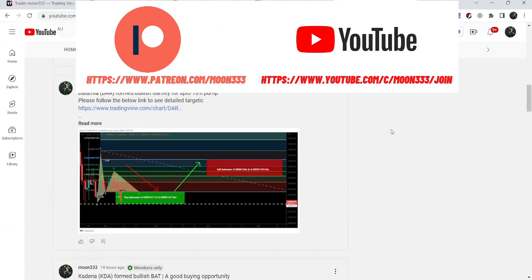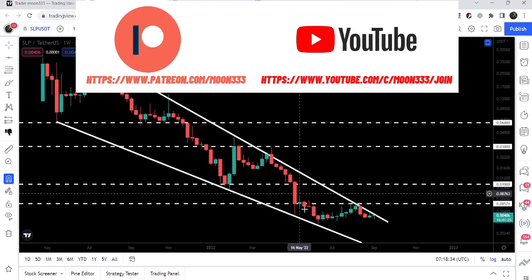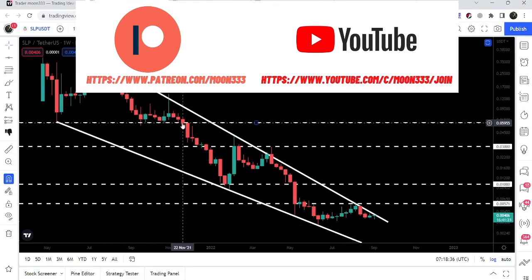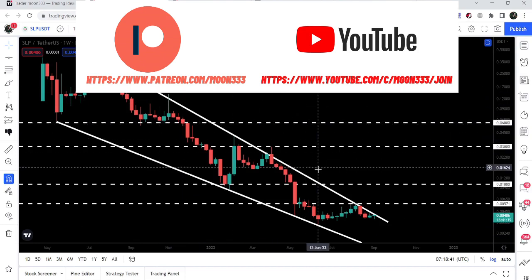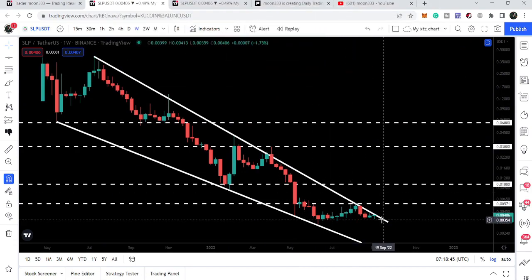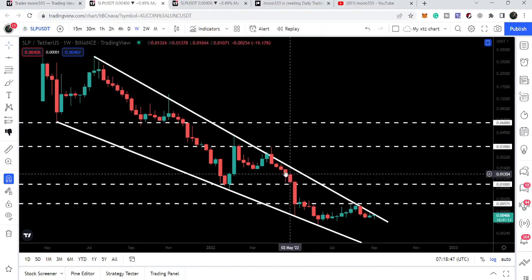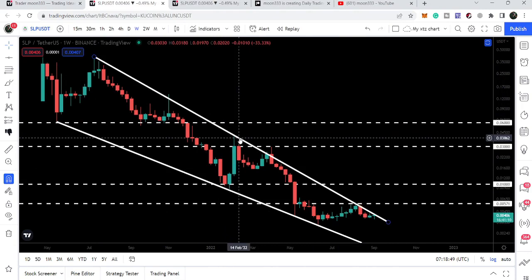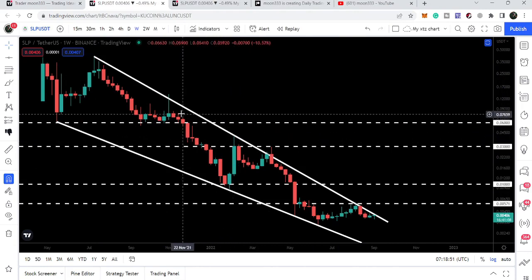So let's start the analysis, and first of all, let me begin with this weekly time frame chart. If you're following my videos and analysis on SLP token, then you might know that I have been following this long-term trend line since the month of April, even Feb 2022.